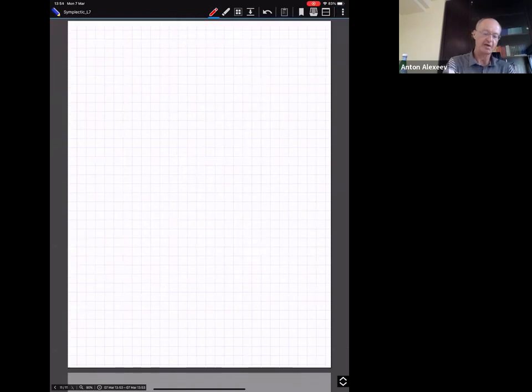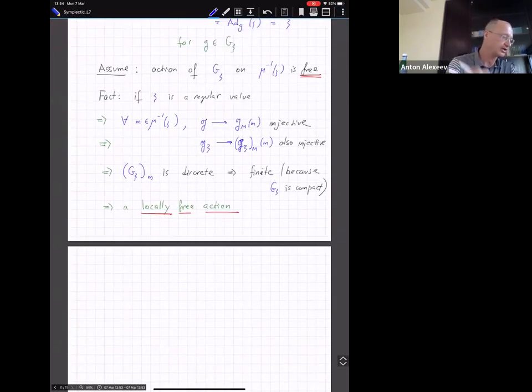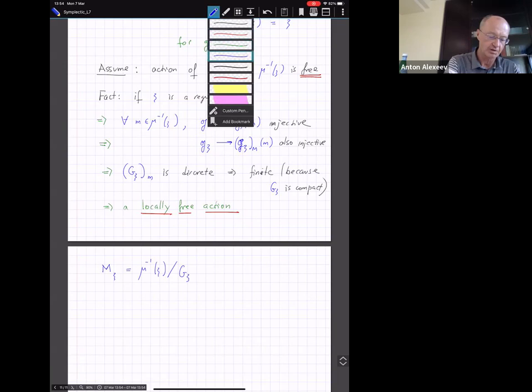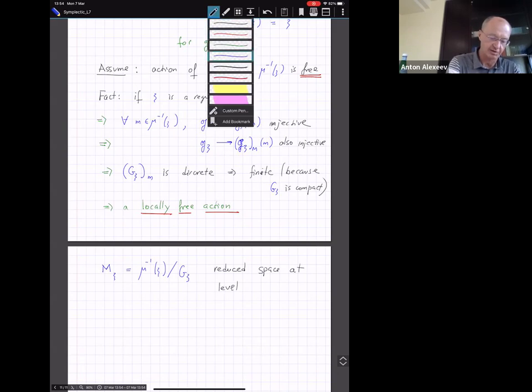Now, why am I making a stronger assumption? This is because we're interested in the following space, M psi, which is by definition the pre-image divided by the action. This is called the reduced space, level psi, whatever that means.